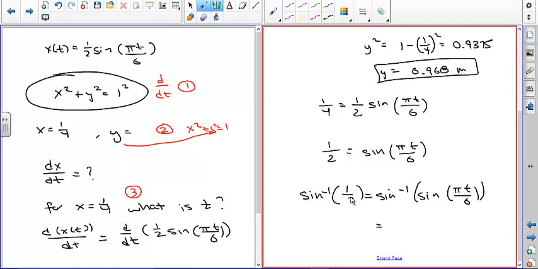Now make sure you do this in radians and not in degrees. You probably did it in degrees, but usually when you're dealing with something that's rotating, you deal with radians. So what have I got? Inverse sine of a half.